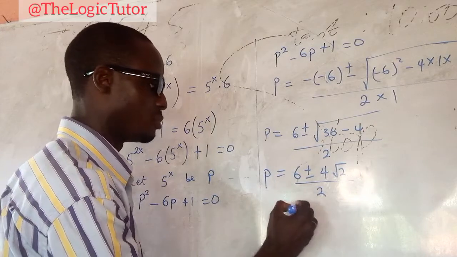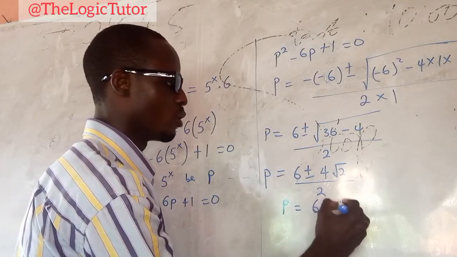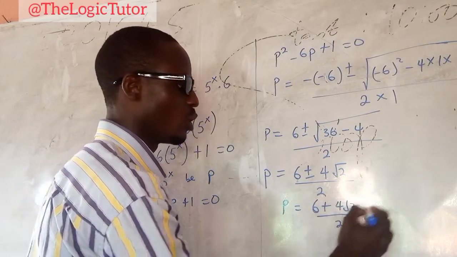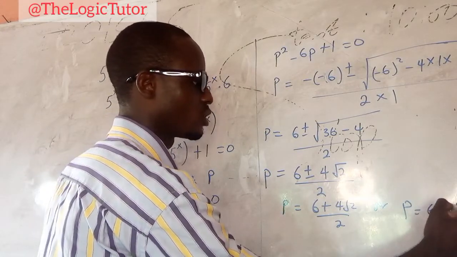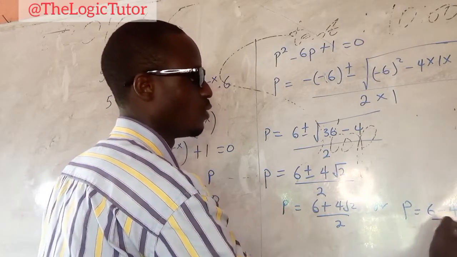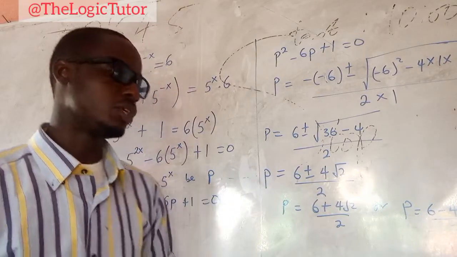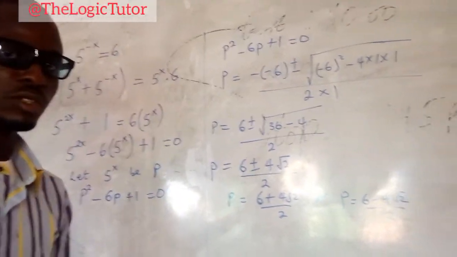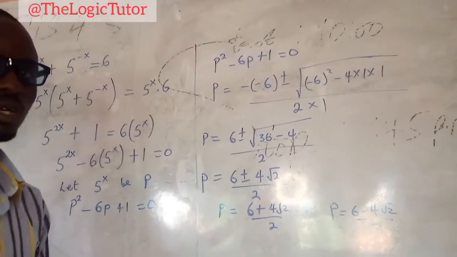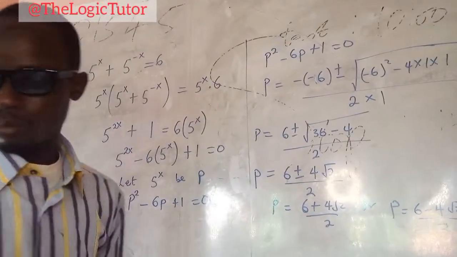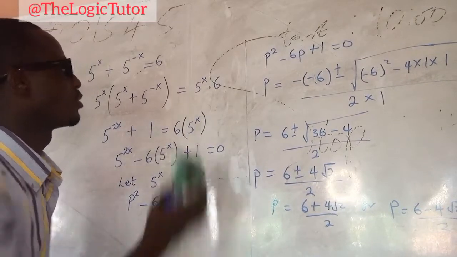We know that p can be 6 plus 4 root 2 over 2, or p equals 6 minus 4 root 2 over 2. Then what next?